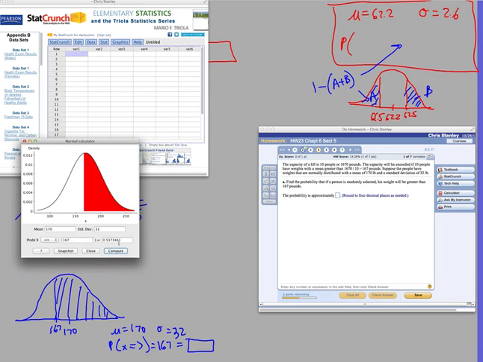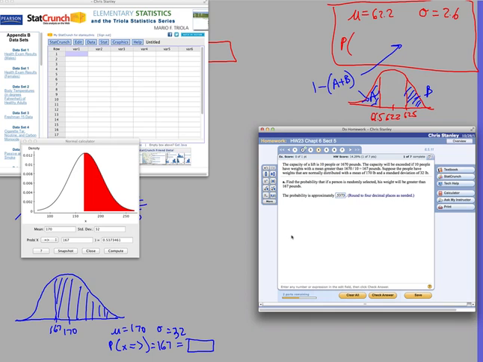Okay, so it's 0.5373, that makes sense to me. Round to 4 decimals, so that's going to be 0.5373.